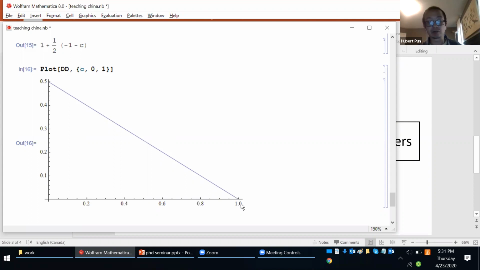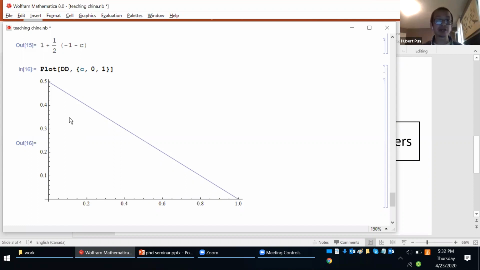On the right-hand side, that means when the production cost is 1, in that case the optimal price would also be 1. And when the price is 1, the optimal demand would be 0. So this is how you try to understand this graph. This graph is the optimal demand taking into account that the firm would charge an optimal price.